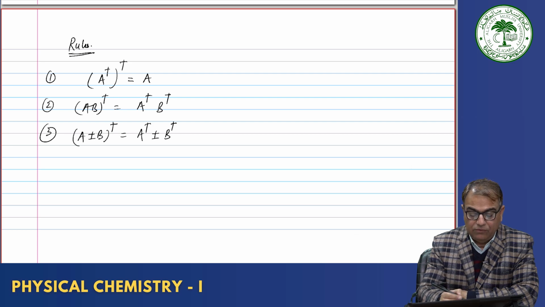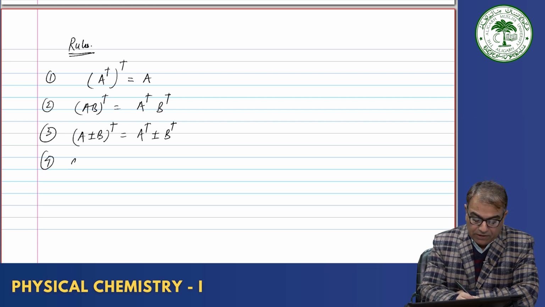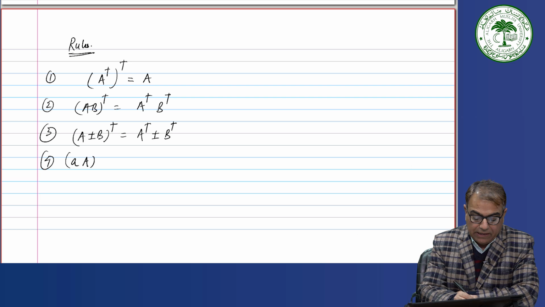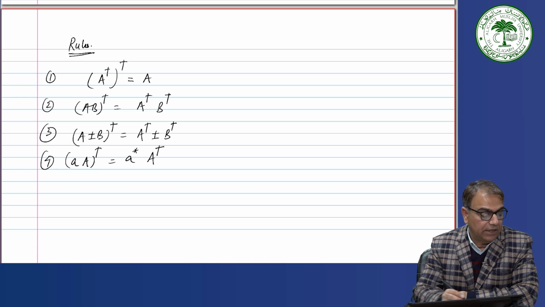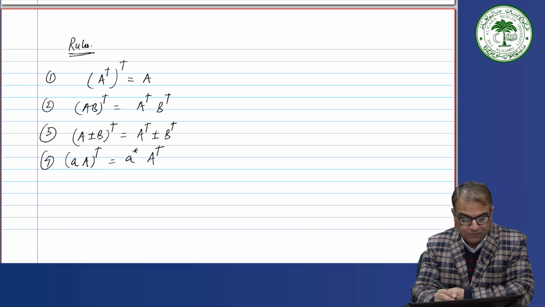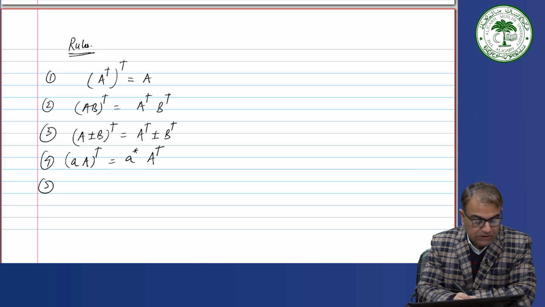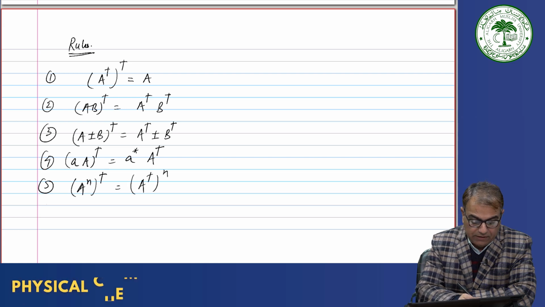Exactly, we are doing the same thing which we did in operator algebra. Okay. Then you have a constant multiplied by A, and if you take the dagger of this one, then it is a star, meaning the conjugate of a, and then you take A dagger. Then you have A raised to the power n dagger is equal to A dagger raised to the power n.